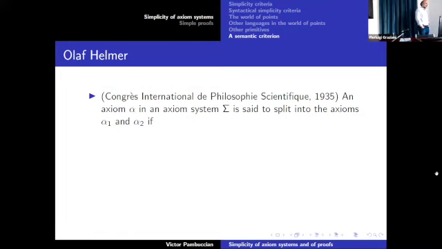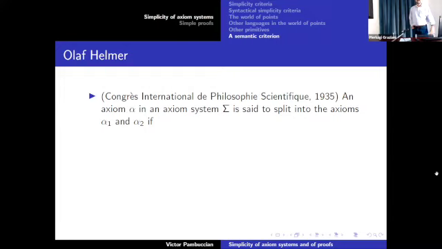And so here is the only semantic criterion that I'm aware of, which is a very interesting one. And it has guided me in several of the things I've been doing, although I never found an axiom system that would be absolutely simple according to this criterion.